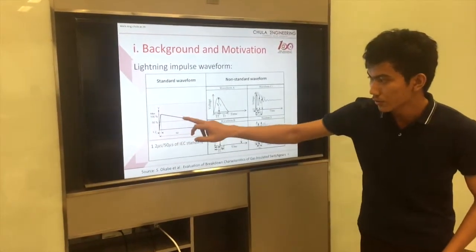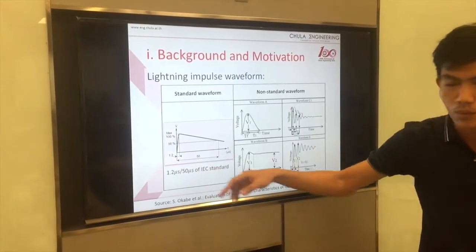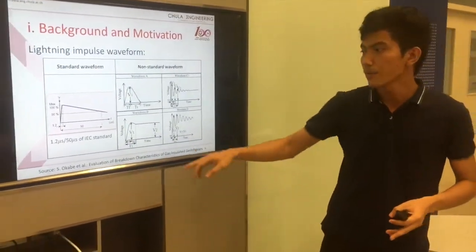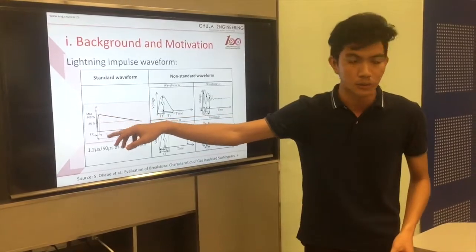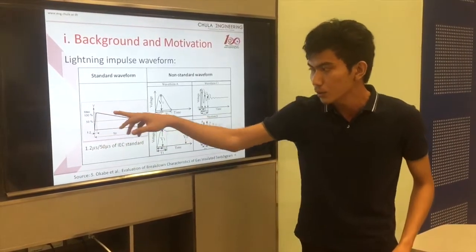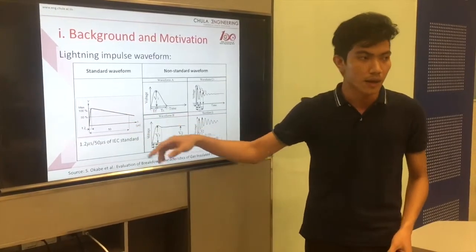Here is the standard one. 1.2 microsecond is what we call the wavefront time, the time that the waveform takes to travel to its maximum value, and 55 microsecond is the time that the waveform takes to fall to 50% of its value.